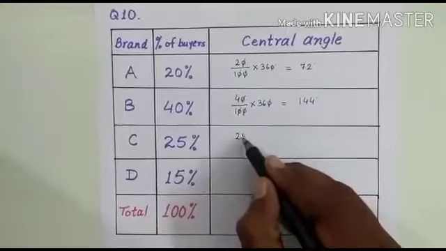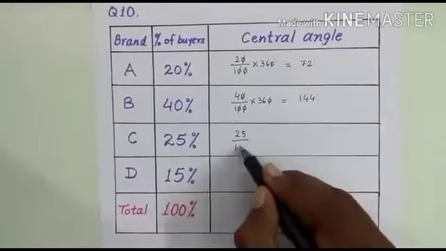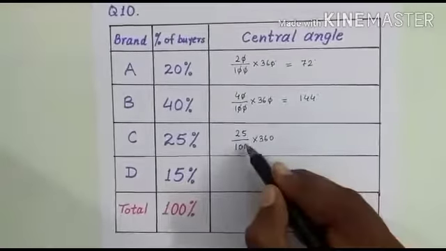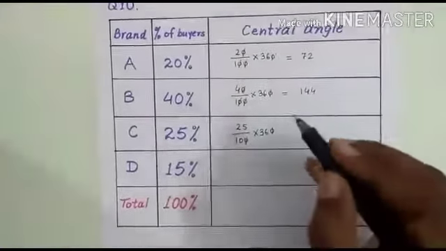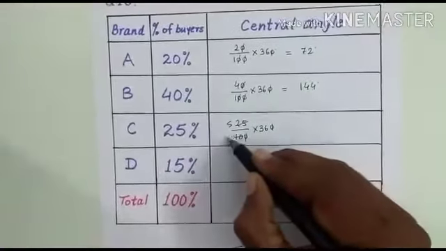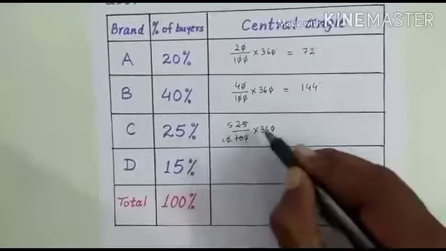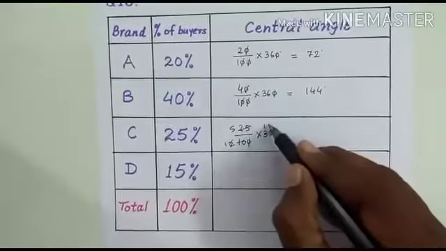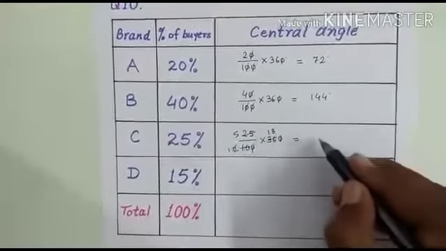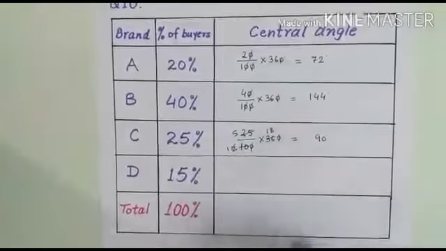Now 25%, 25 upon 100 into 360. 0 to 0 cancel, 5 fives are 25, 5 twos are 10, 2 ones are 2, 18 twos are 36, and 18 fives are 90 degrees.